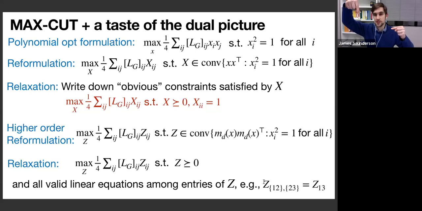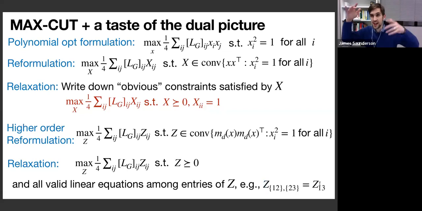The x2s cancel because these are plus or minus 1 valued things. And so when I think about these moment variables, the entry of this big matrix indexed by 1, 2 and 2, 3 should be equal to the entry indexed by 1, 3.